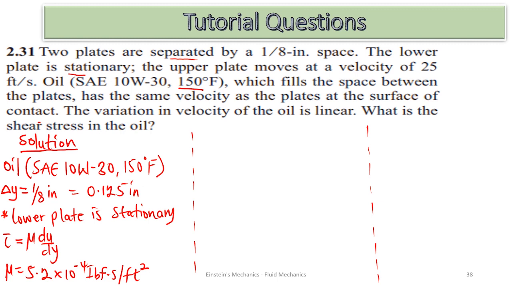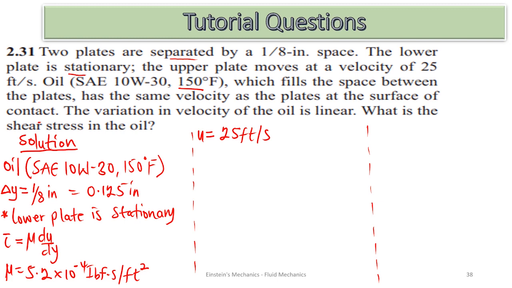And from the question, we saw that the upper plate moves at a velocity of 25 feet per second. So do we have the velocity? Yes, which is represented by u, and that is 25 feet per second. Let's pay attention here. Feet per second. So how do we get the strain? Strain du dy.